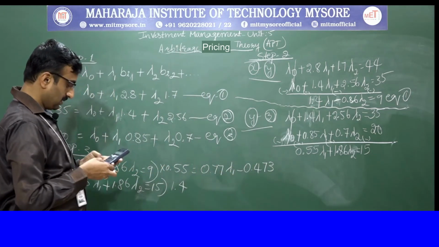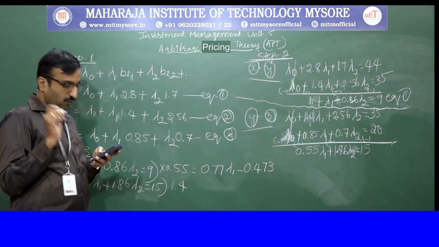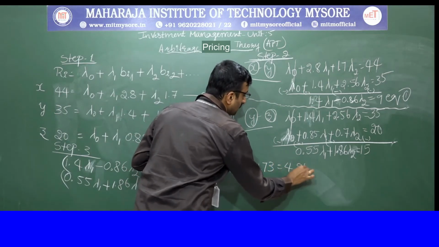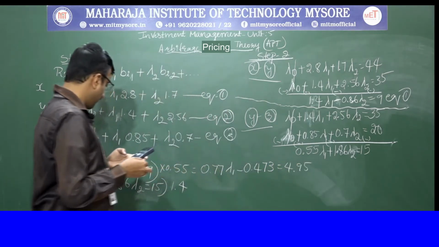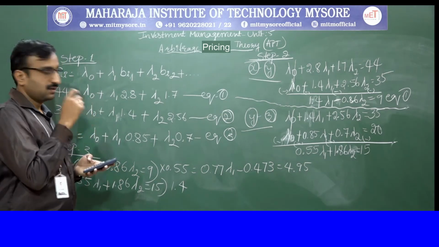Next, 9 into 0.55, you will get 4.95. Okay. This is the first one.